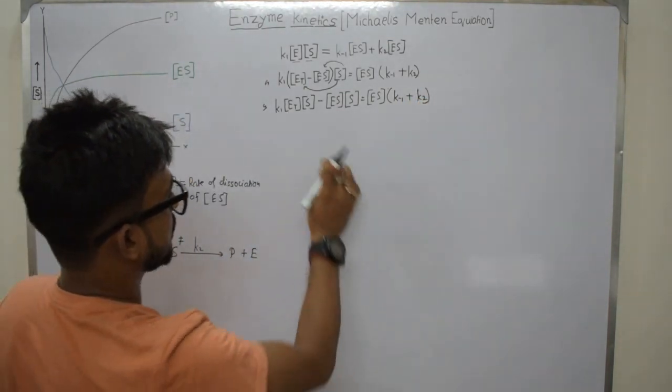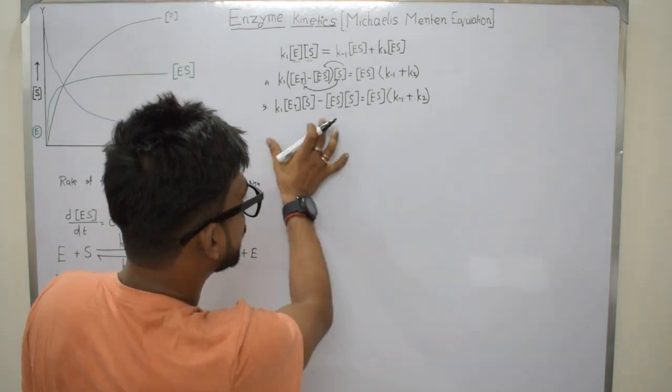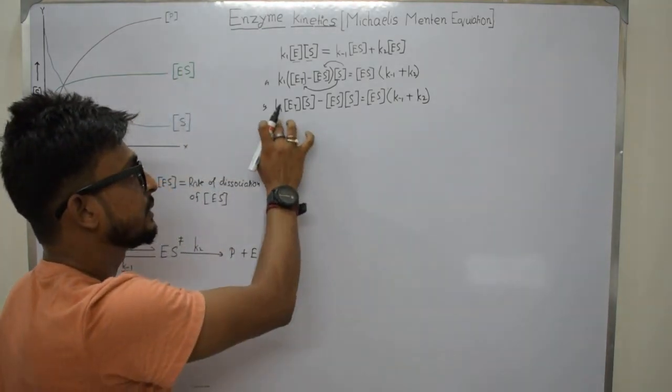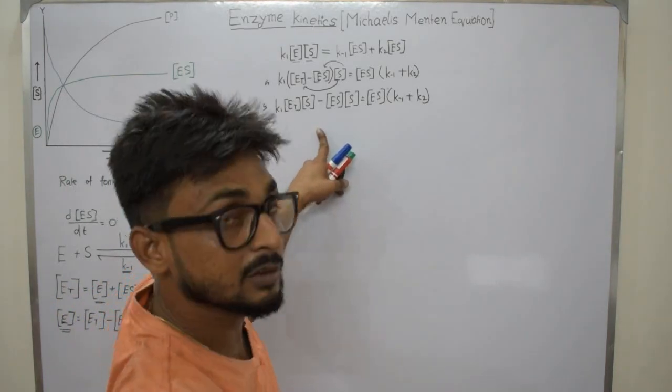Okay, so from here on both sides we can divide by K1.